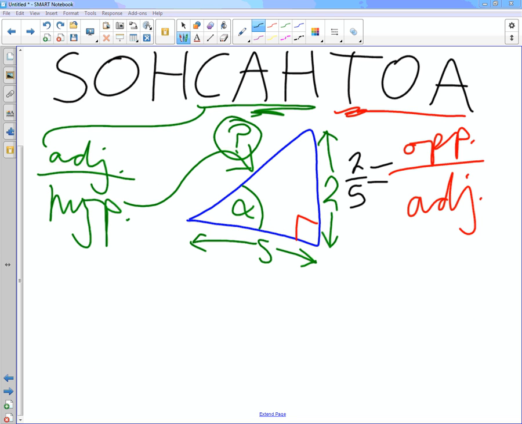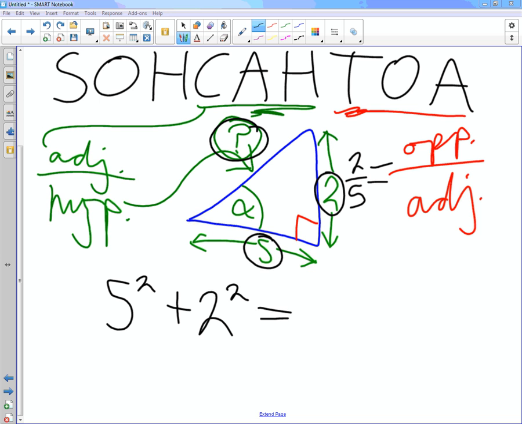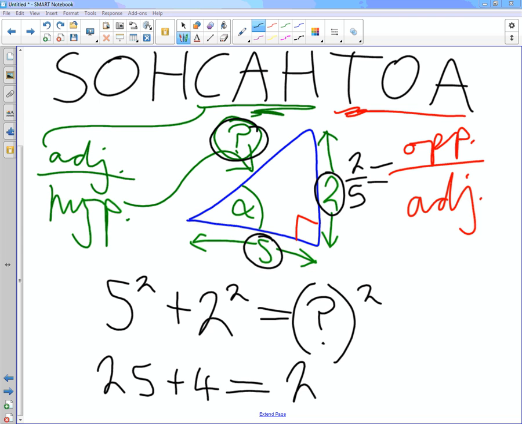So this side squared plus this length squared should equal this length squared. So 5 squared plus 2 squared equals our hypotenuse squared. So we've got 25 plus 4 equals 29.